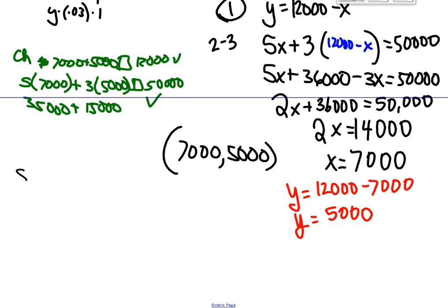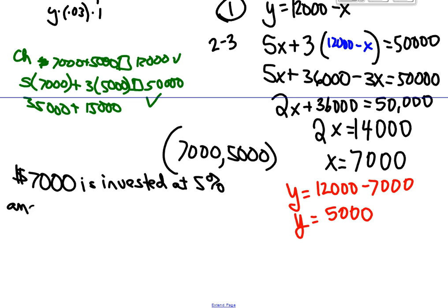Yes, so we'll say $7,000 is invested at 5%, and $5,000 is invested at 3% for that one. So all pretty, very straightforward things.